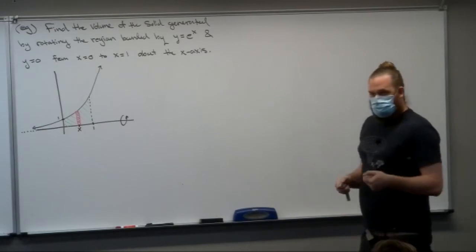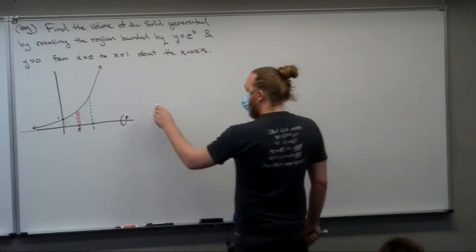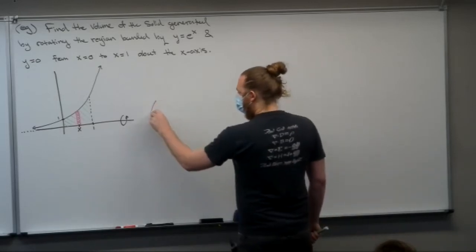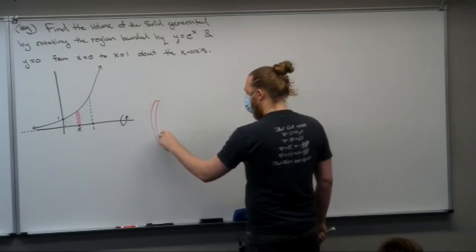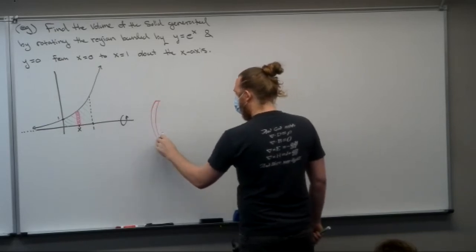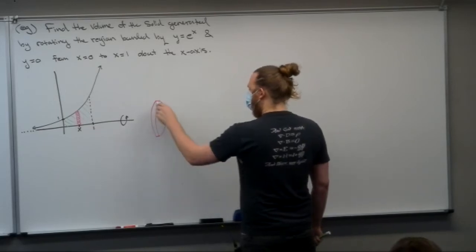Now, imagine rotating just the strip. These steps work for all of these methods. If I rotate just that strip about that axis, I will generate a little solid looking like this.